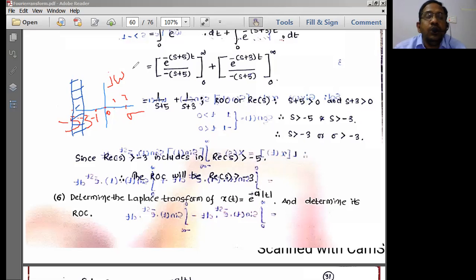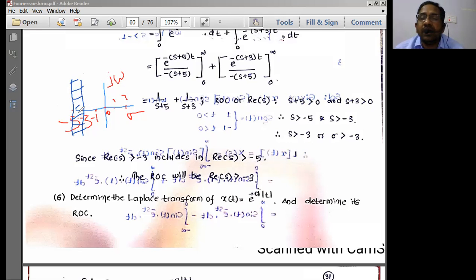So if the solution does not exist for all the values of j omega, then the Fourier transform will fail to represent that type of system. Whereas coming to the Laplace transform, the solution of the system is going to exist only in this range.